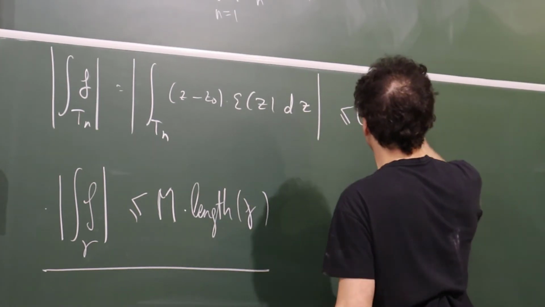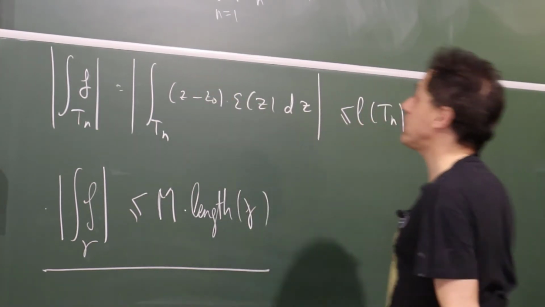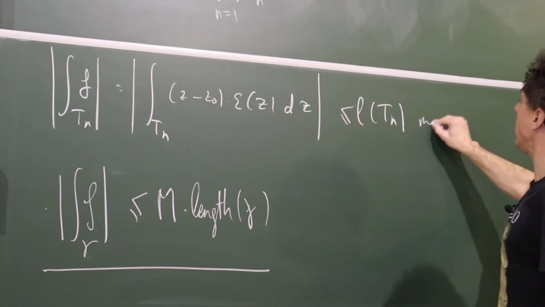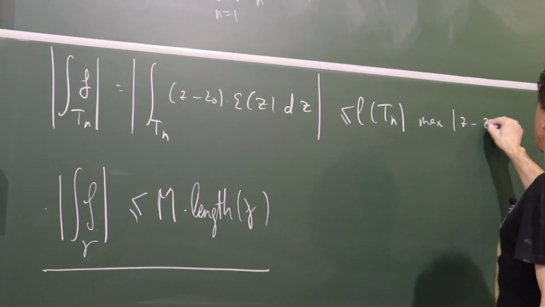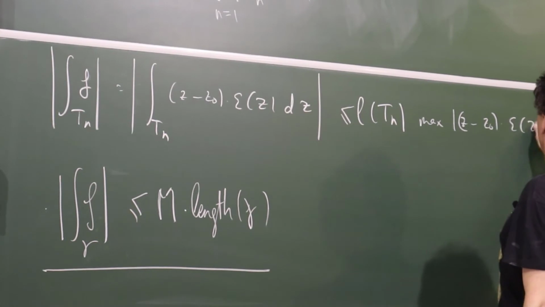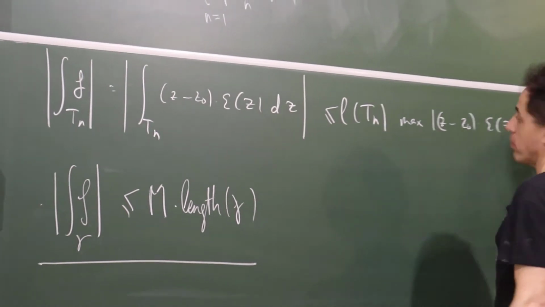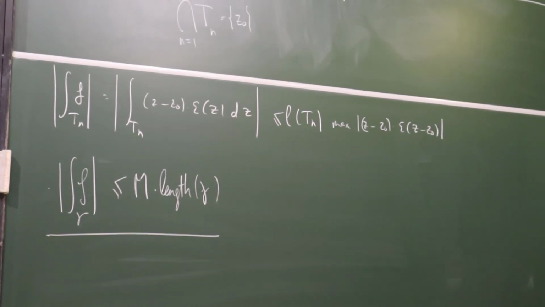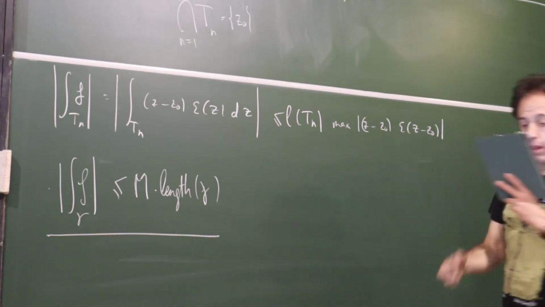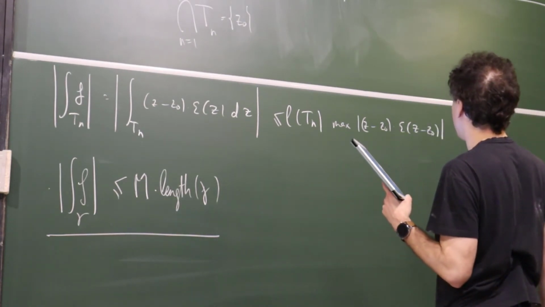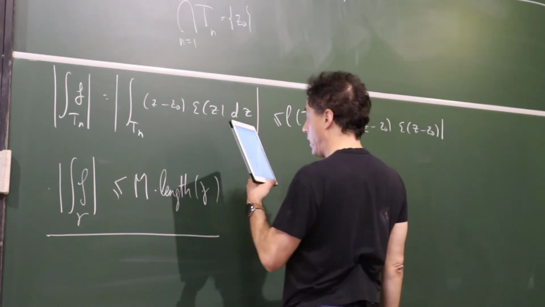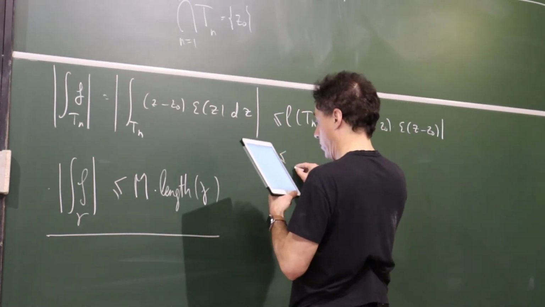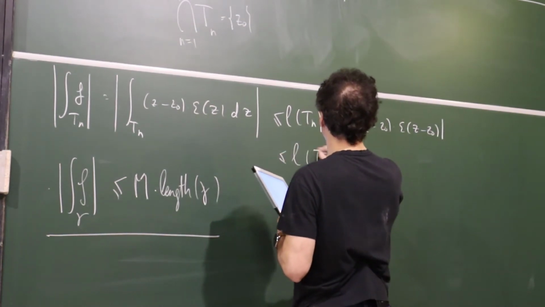So what we have here is smaller than the length of the triangle Tn times the maximum of z minus z0. And this can be bounded also by the length of Tn.